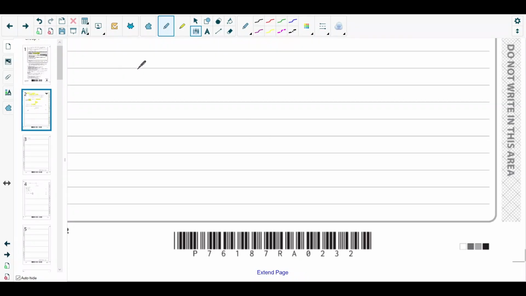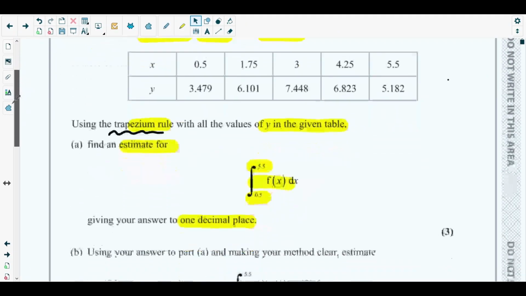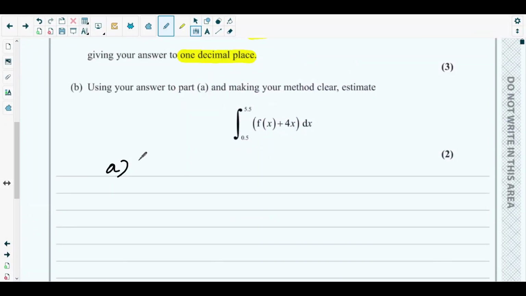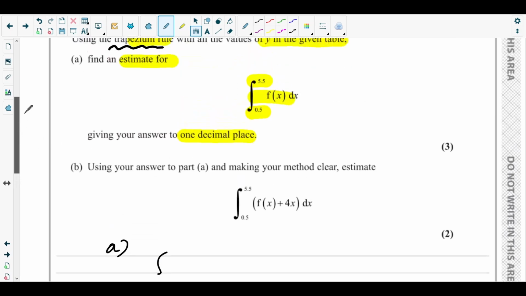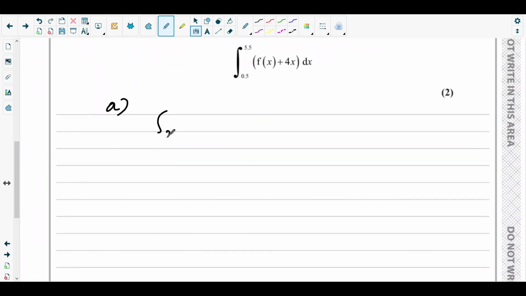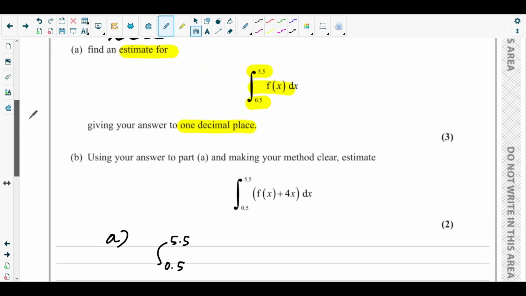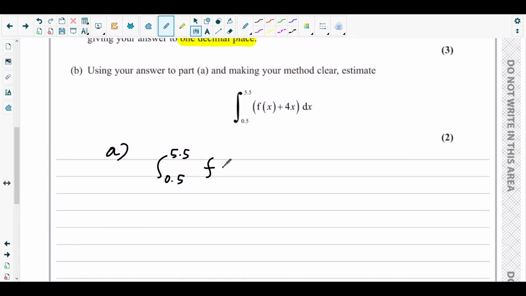y0 is the first term and yn is the last term. So integration using the Trapezium rule: the lower limit is 0.5 and the upper limit is 5.5, so the integral of f of x dx would be half of h.